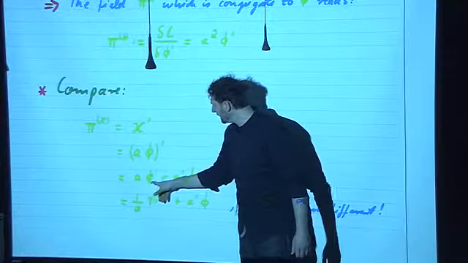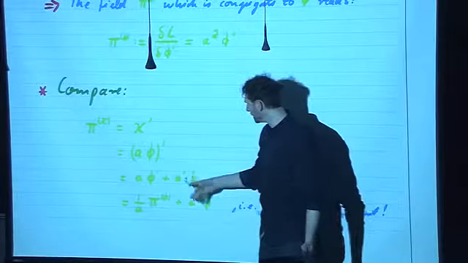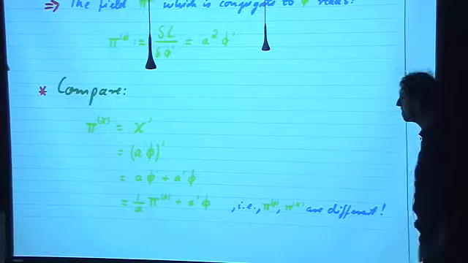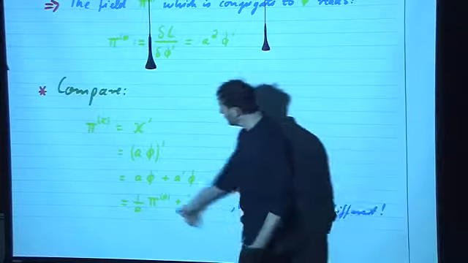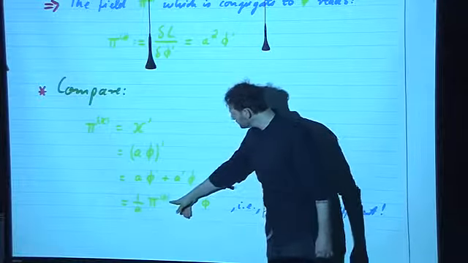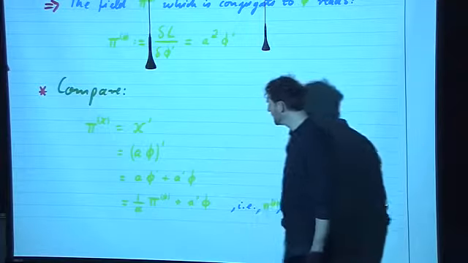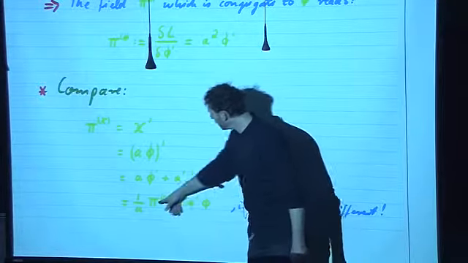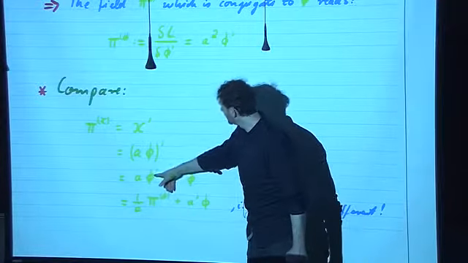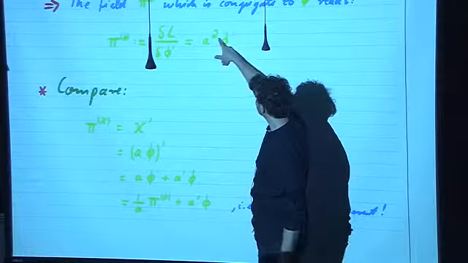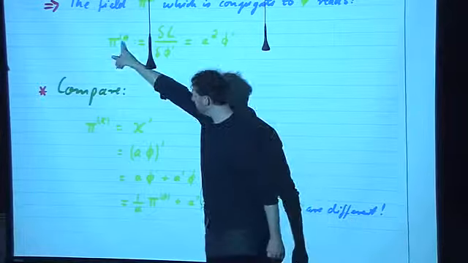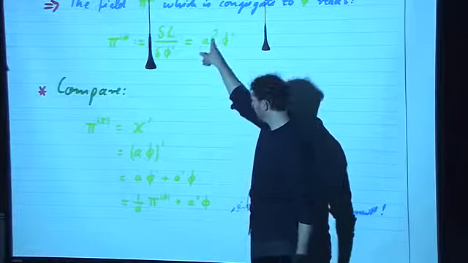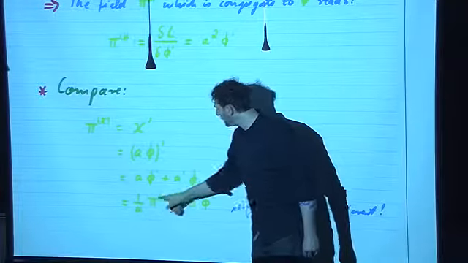Well, we get a times phi prime by the product rule plus a prime phi. And that is 1 over a times pi superscript phi plus a prime phi. So why is that? It's because phi prime is, up to a factor of a squared, the pi phi. So here we have an a, but we have to accommodate that factor of a squared, so we get the pi phi here.